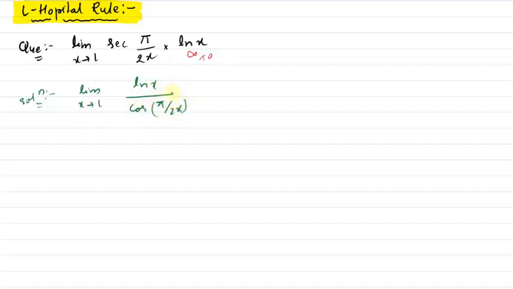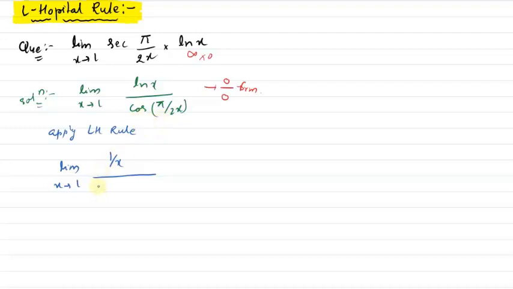Now it's converted to which form? If I apply x is equal to 1, the numerator will be tending to 0, the denominator will also be tending to 0. So this has now become 0 by 0 form, and we can directly apply LH rule. Applying LH rule, we can write limit x tending to 1, differentiation of numerator ln x, that will give you 1 by x, divided by differentiation of denominator.